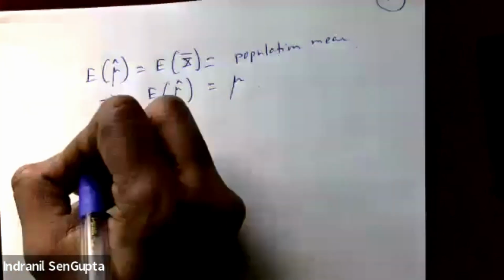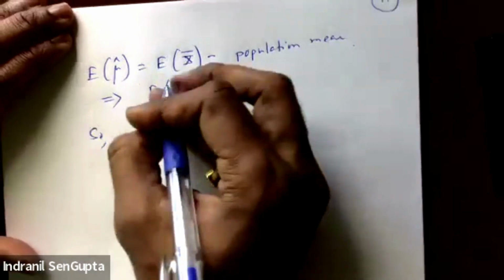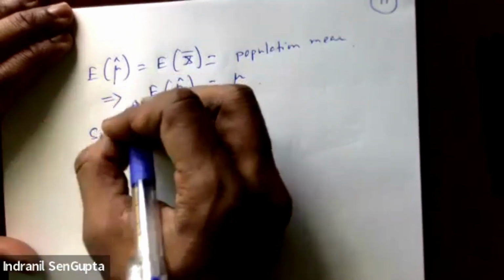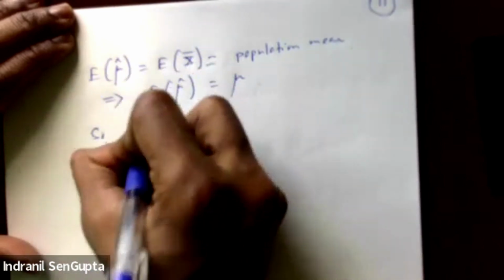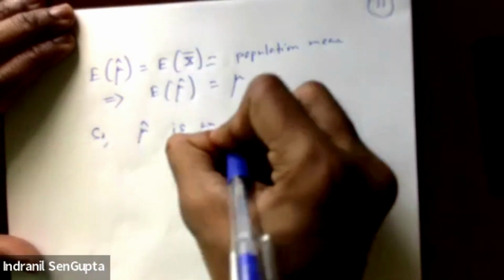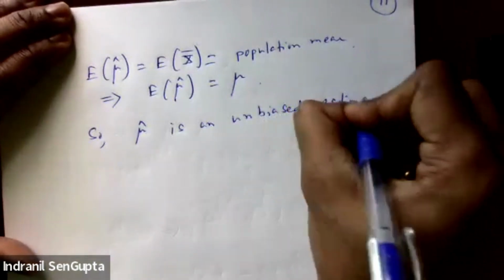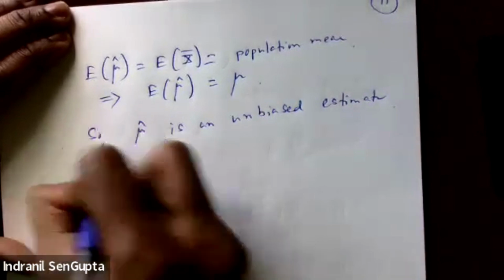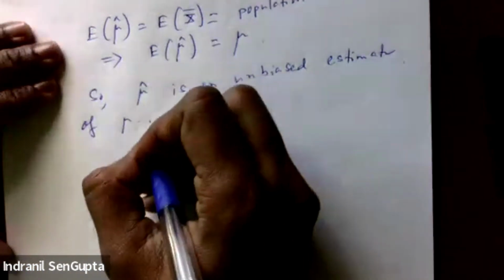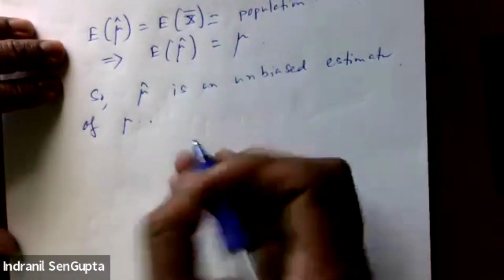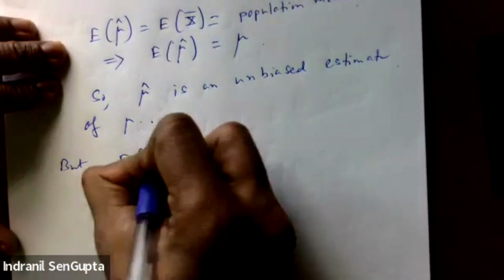So mu hat is an unbiased estimator of mu. However, what about E of sigma hat squared?